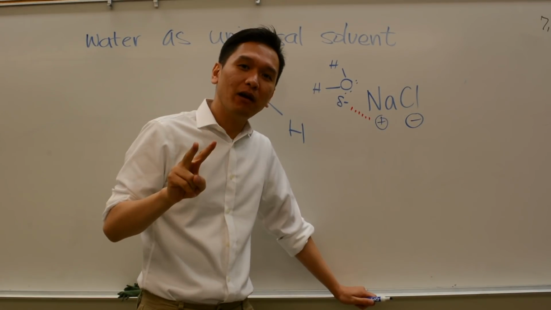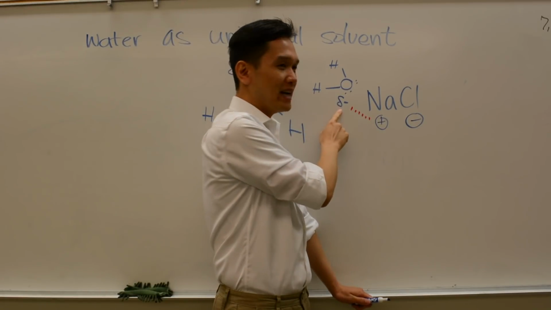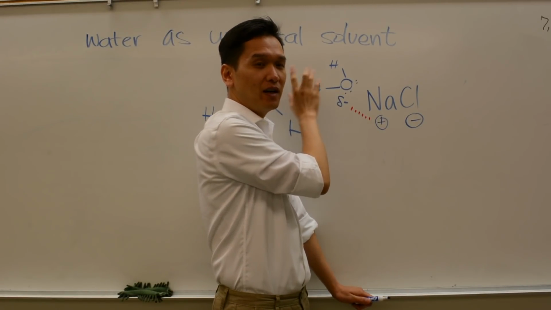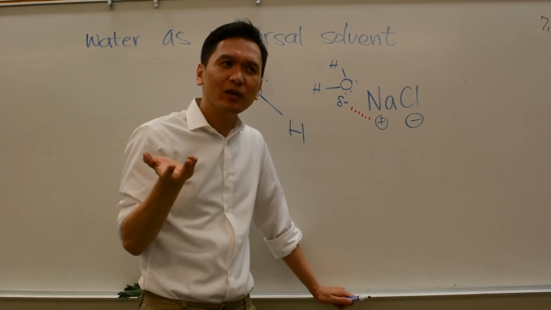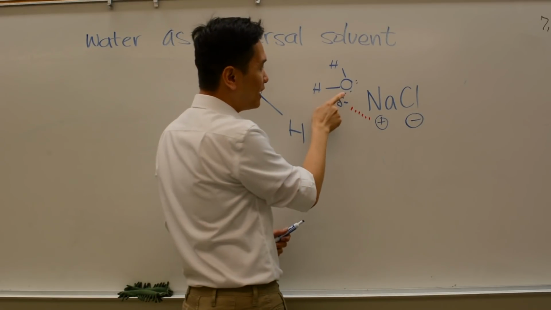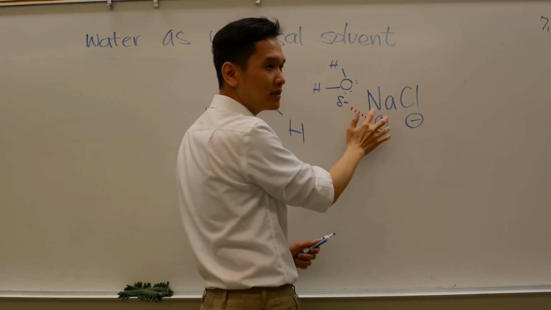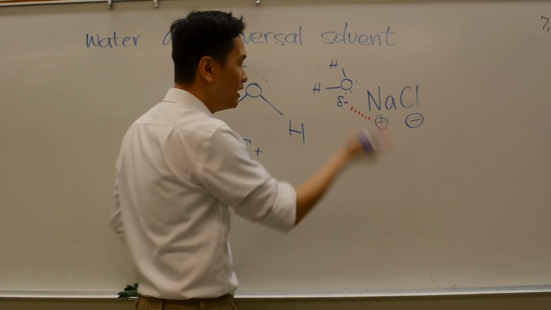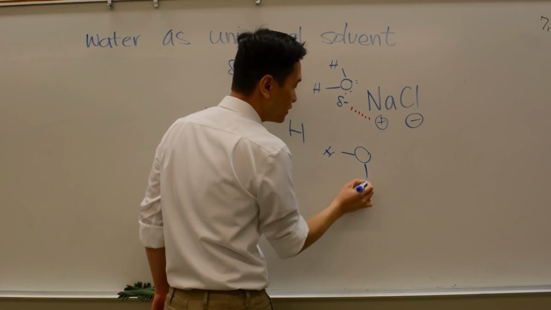So the second thing about water that gives it its ability to be a universal solvent, not only because it has a negative charge and a positive charge within its molecule, but is the fact it is very small. So what does being small have to do with anything? Well, it turns out that if you have one water molecule trying to attract sodium, it can't do it on its own, right? So it starts to recruit other water molecules.